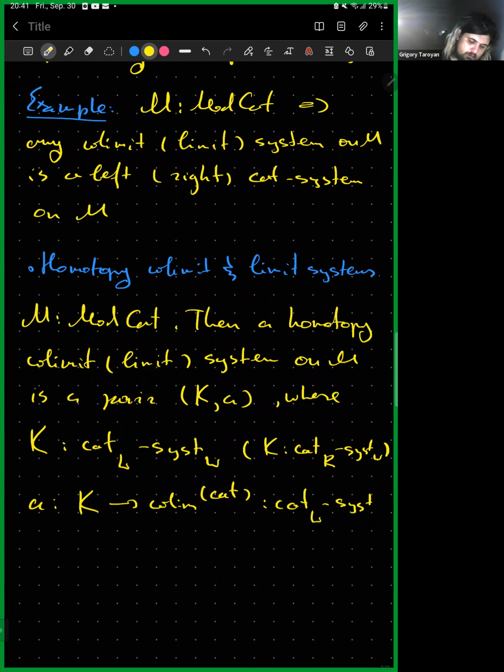Or if we're considering a limit system, then we should have a morphism from the limit system on M to K.